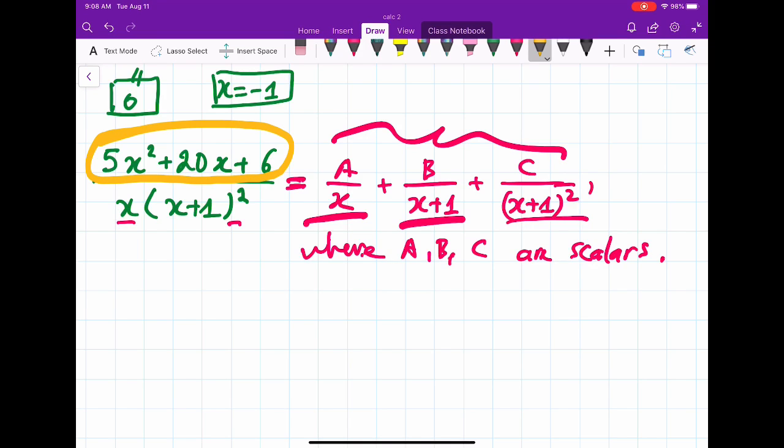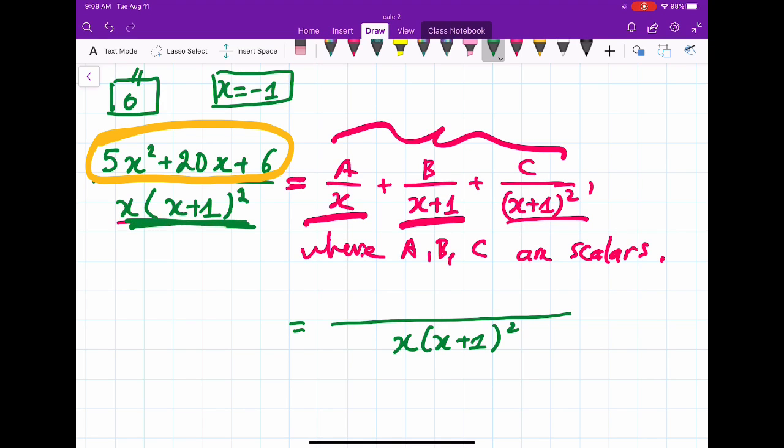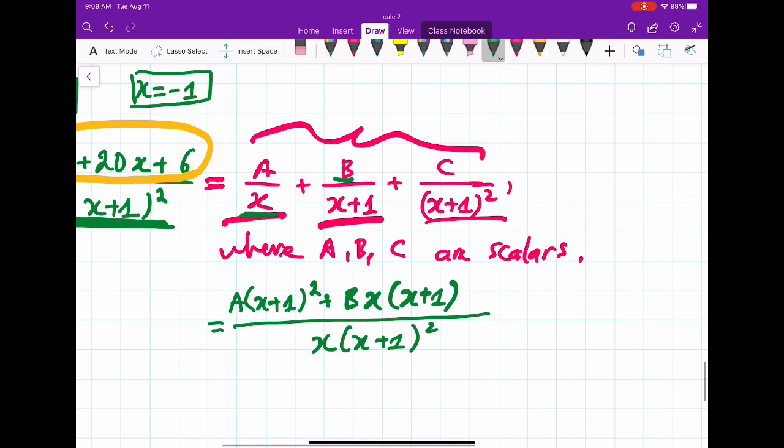Okay, let me show you how to do that. I will have the common denominator, which is x times (x plus 1) squared. That should be the same right here. In a, I need to multiply a with (x plus 1) squared. I need to multiply b with what? With x and (x plus 1). And c with x.